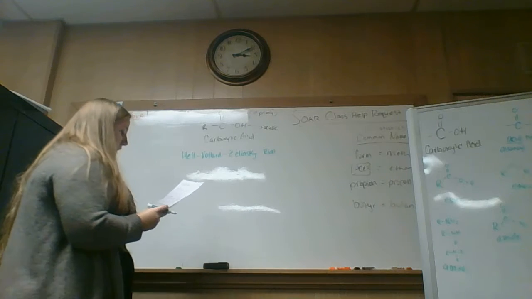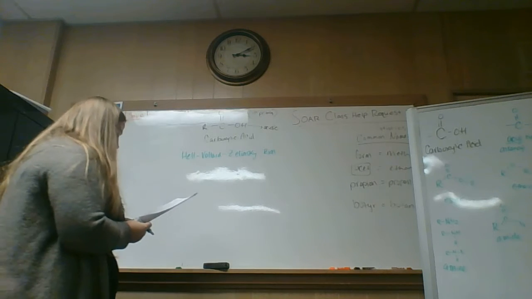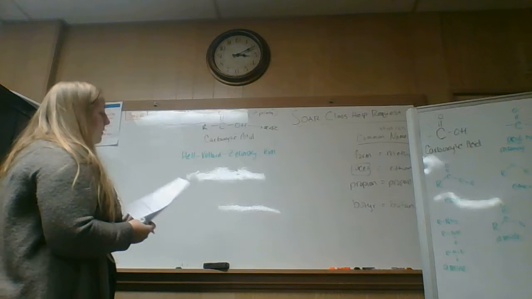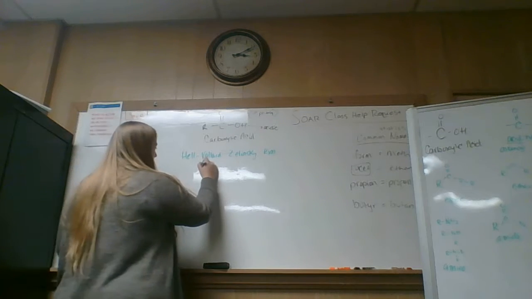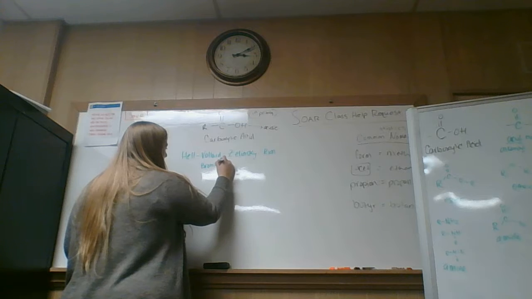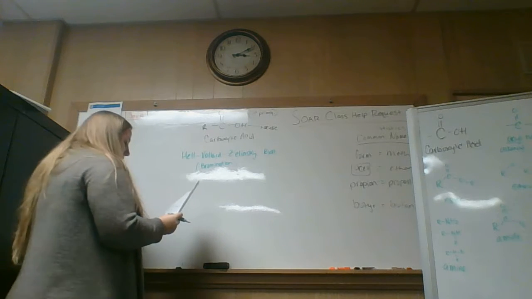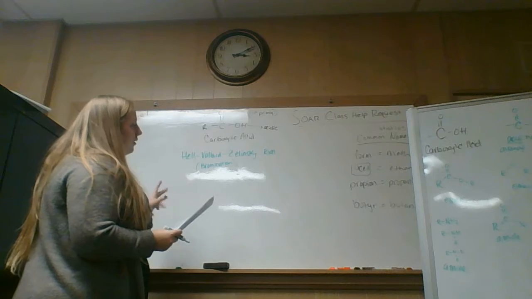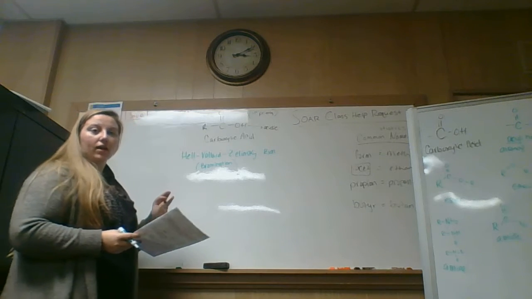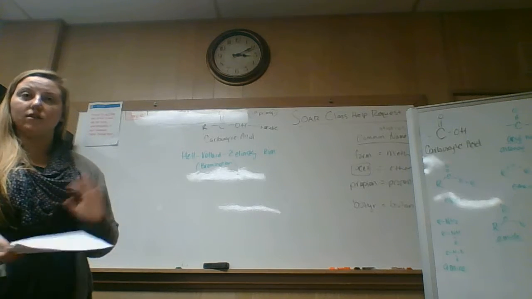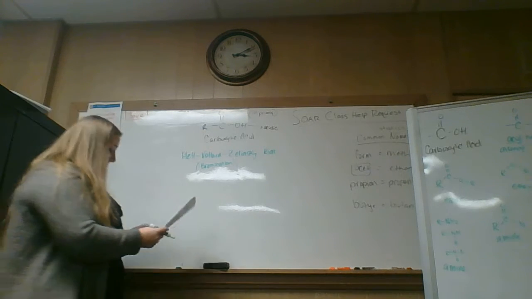Okay, Hell-Vollard-Zelinsky reaction. Essentially, this is specifically bromination or a halogenation of the carboxylic acid. This differs from the other reactions because the reaction site is not on the carboxylic acid carbon, it's on the alpha carbon.